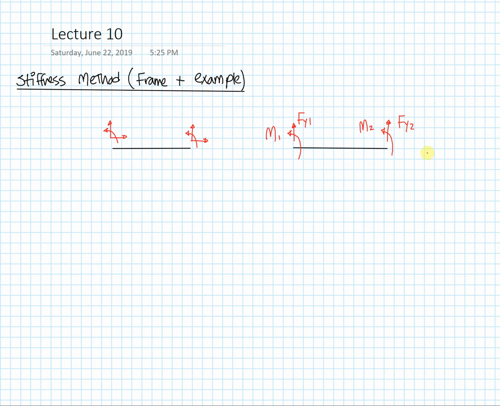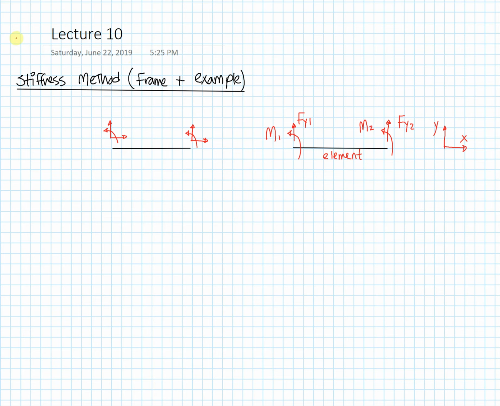We call this Fy because we construct a coordinate system that has the following sign convention. We have positive y going up and positive x going right. So because that force is going in the upwards direction, we refer to it by Fy plus the index number. Okay, so this is our element.